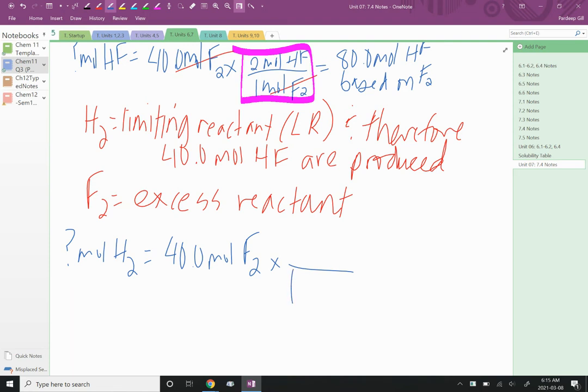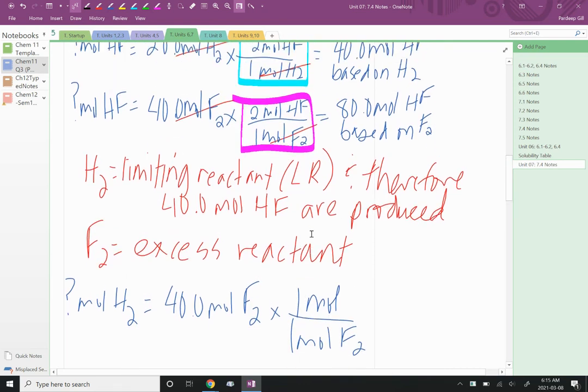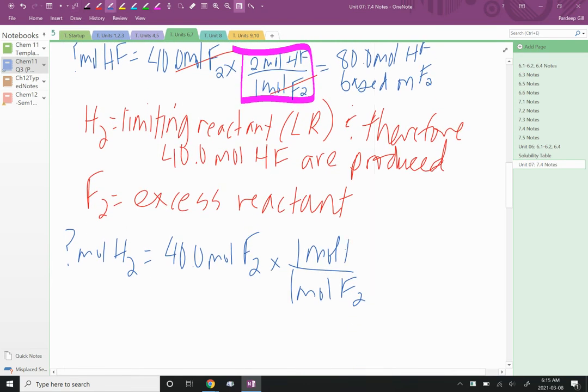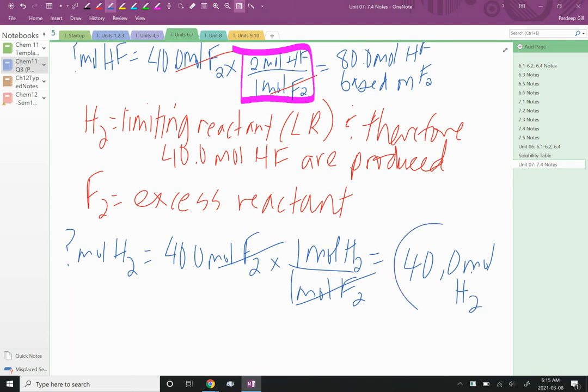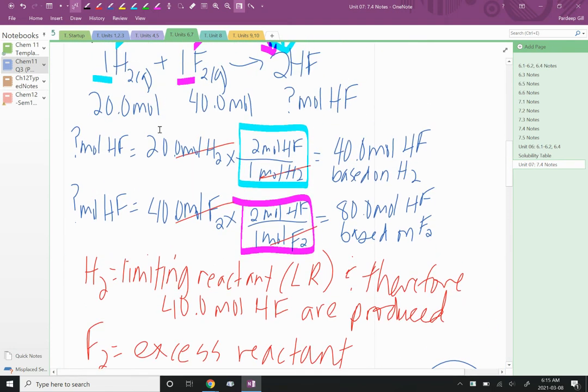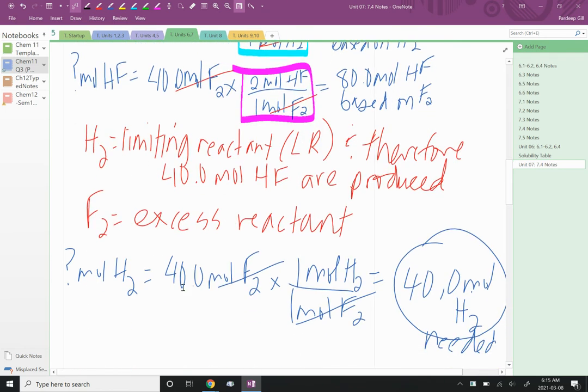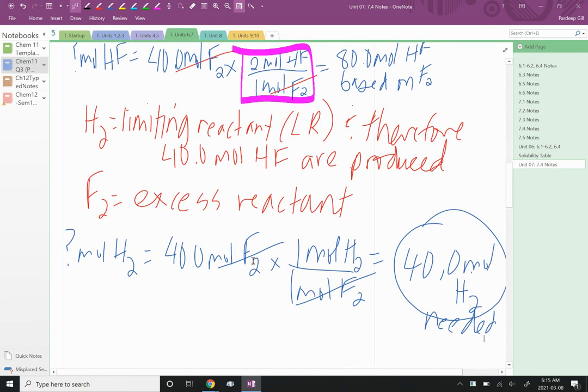For every 1 mole of F2, you need 1 mole of H2, and you find that in order to react all of the F2, 40 moles of H2 will be needed. But if you look at your starting point, you only have 20 moles. So that's why F2 is the excess reactant.